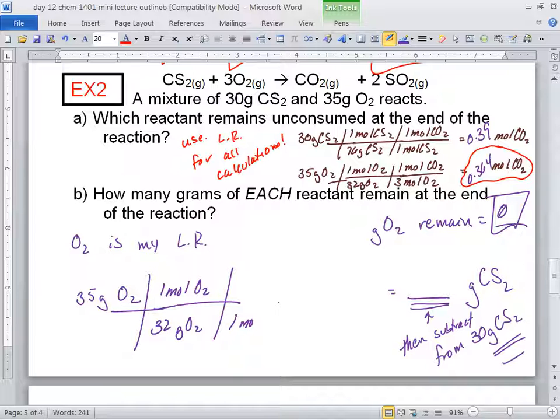Plus 3 moles. What's the molar mass of carbon disulfide? 32, 64, 76.